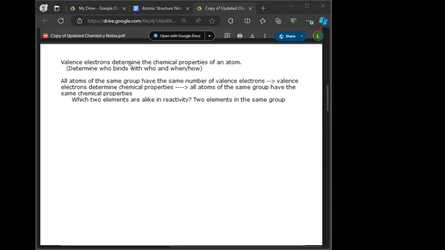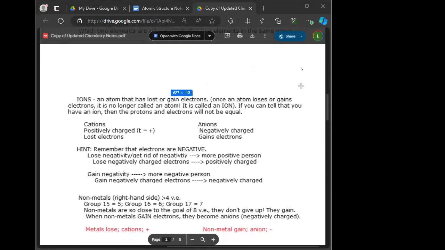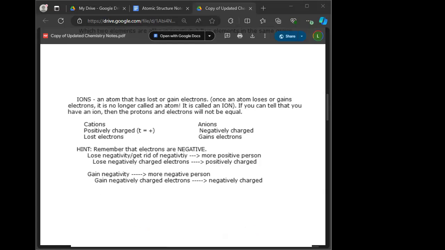Okay, now let's talk about one reason why understanding valence electrons is important: it's important to understanding ions.